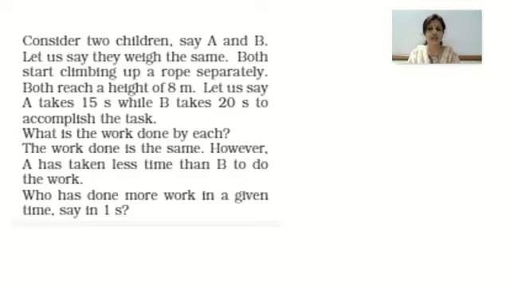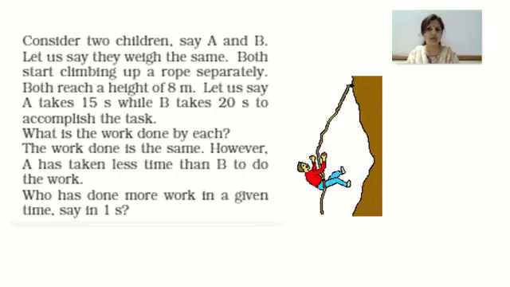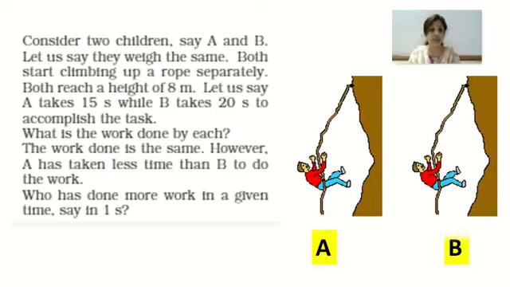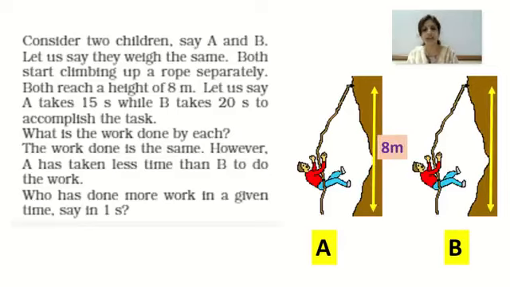So this is A, this is B. Both reach the height of 8 meter. A takes 15 seconds to reach that particular height, whereas B takes 20 seconds to accomplish the task.